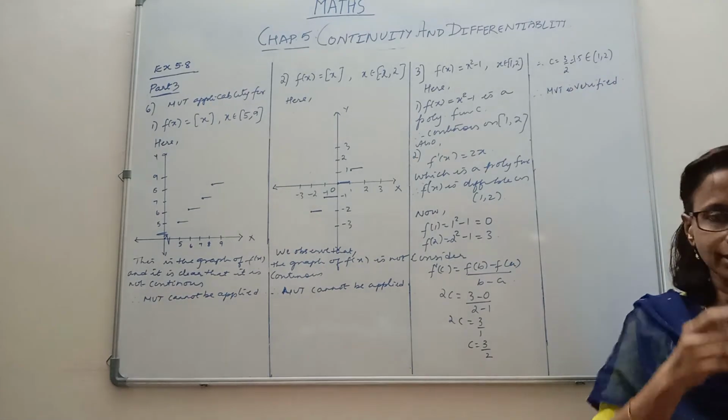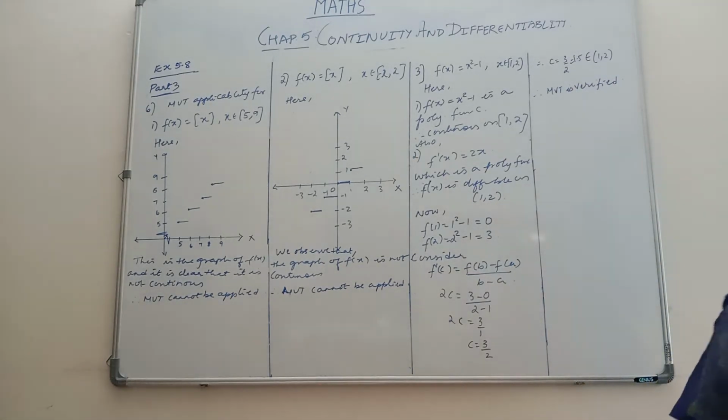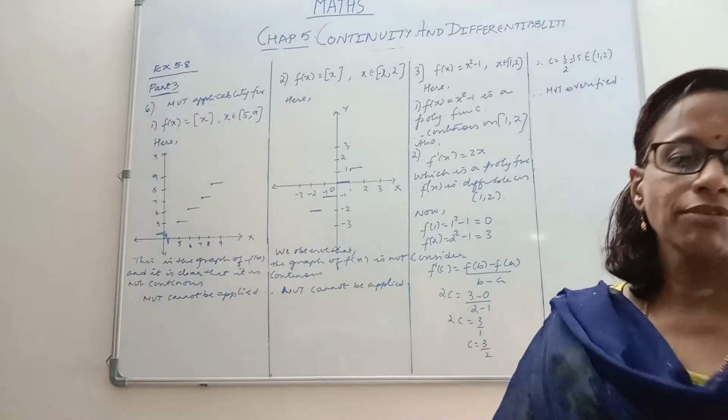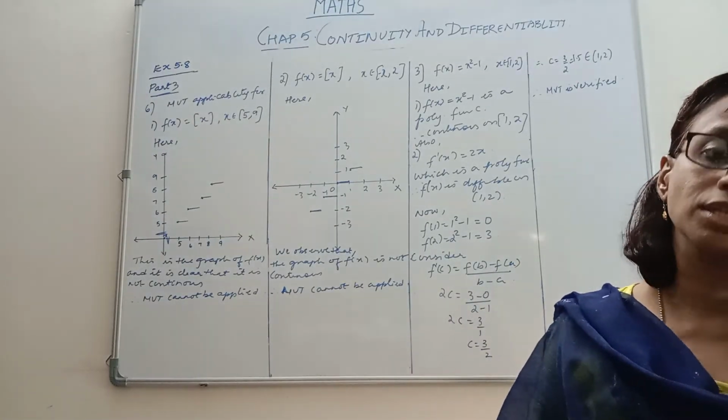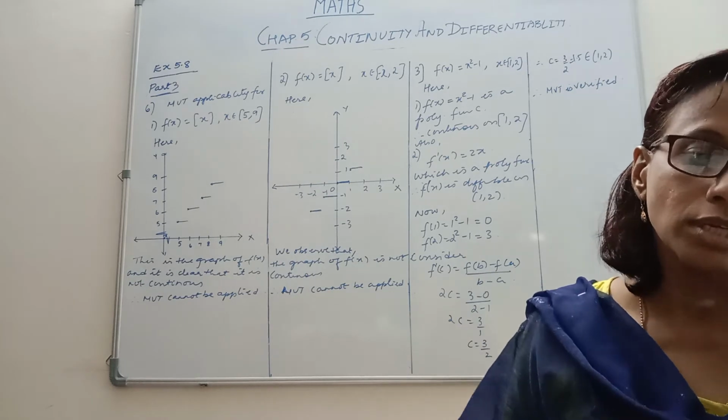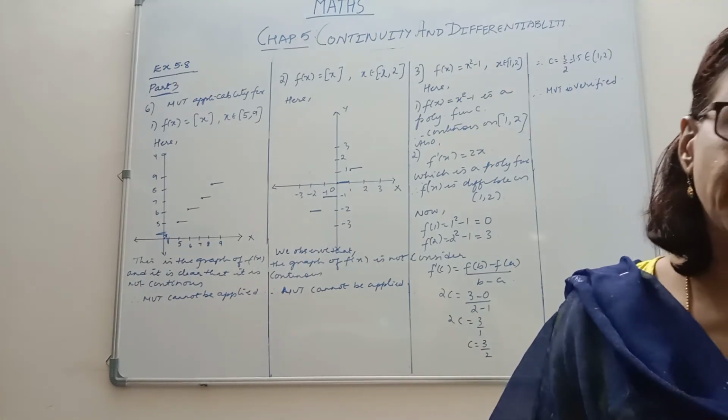Now, suddenly, that's what I just saw. In the previous question, that is question number 5, they have given a question like this: find all the C where f dash C is equal to 0.